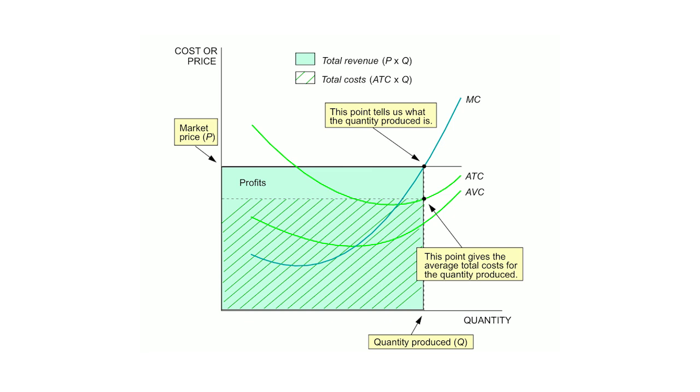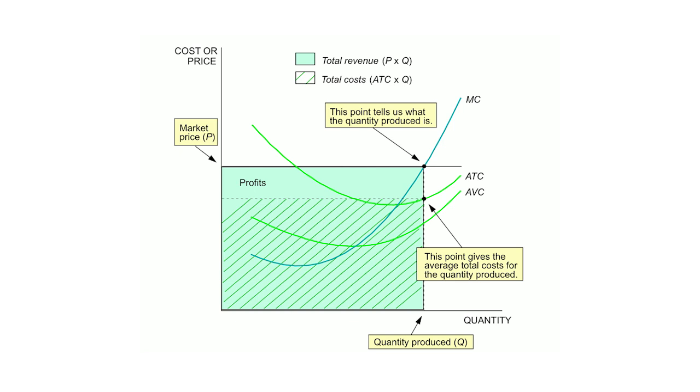Average total cost times quantity is total costs, and that's indicated by the hash lines in the picture. Then the revenue is just the price times the quantity. So the price is the horizontal line at the top, multiplied by the quantity, and you get total revenue, which is represented by the shaded green area.